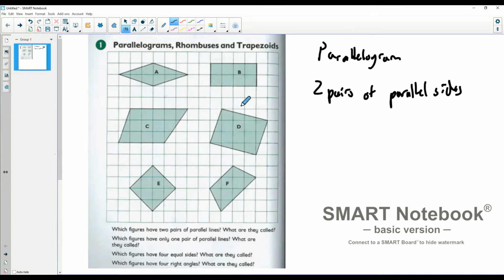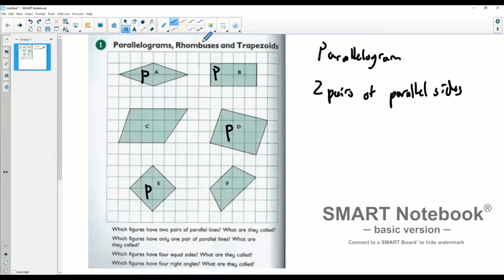For example, I'm going to show which ones are parallelograms by putting a P on them. This is a parallelogram. This is a parallelogram. This is a parallelogram. This is a parallelogram. C and F are not parallelograms because this line and this line, a pair, is not parallel. And second of all, for F, these two lines aren't parallel.